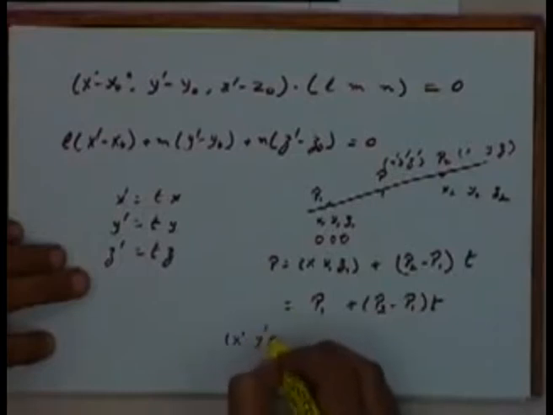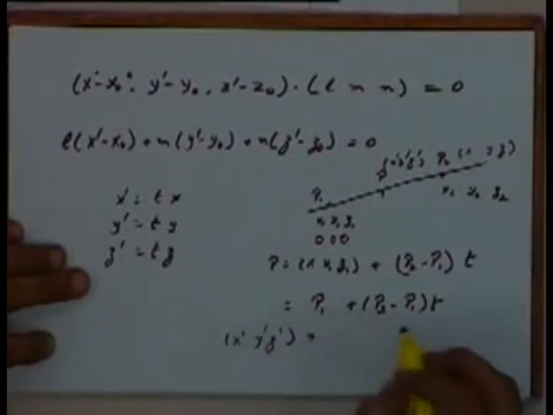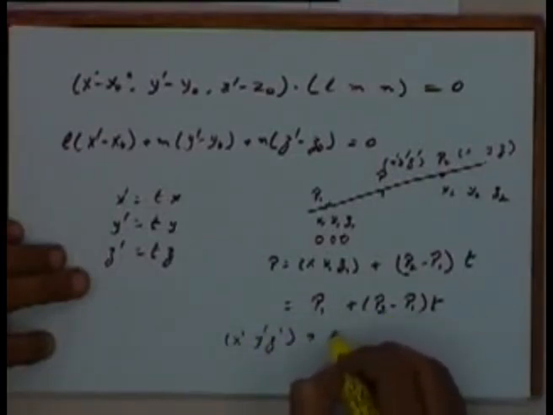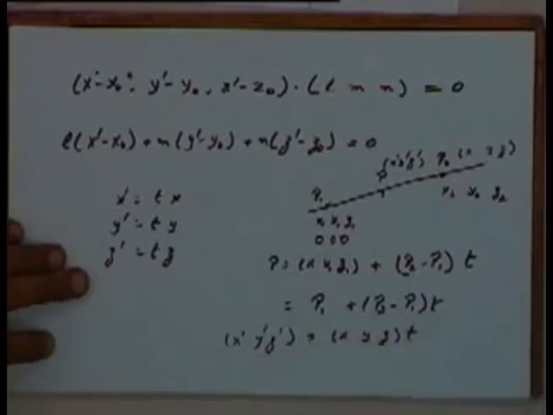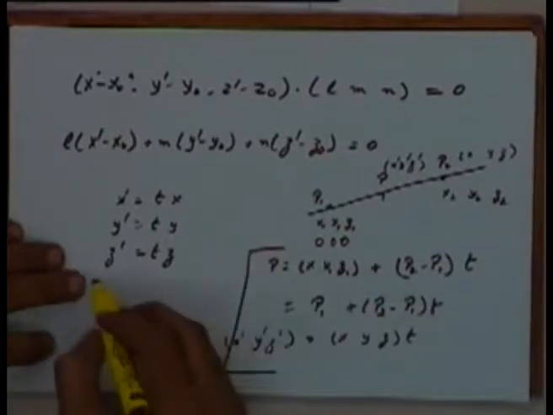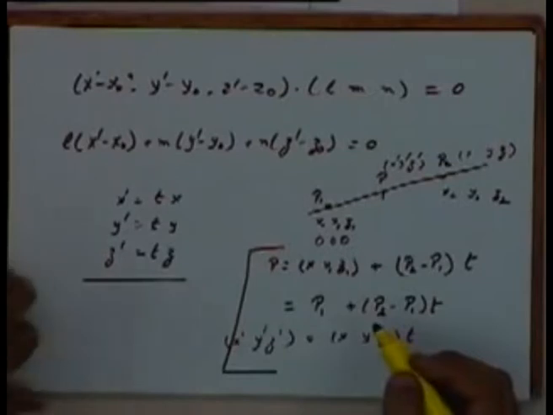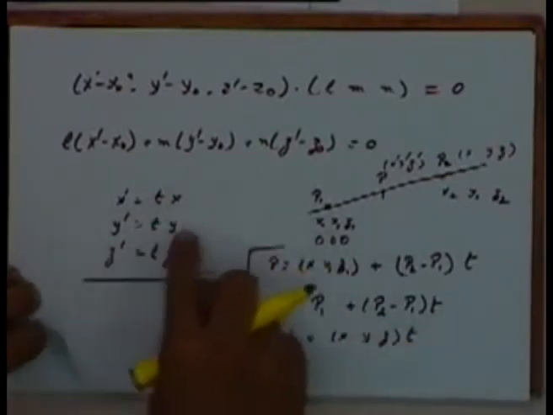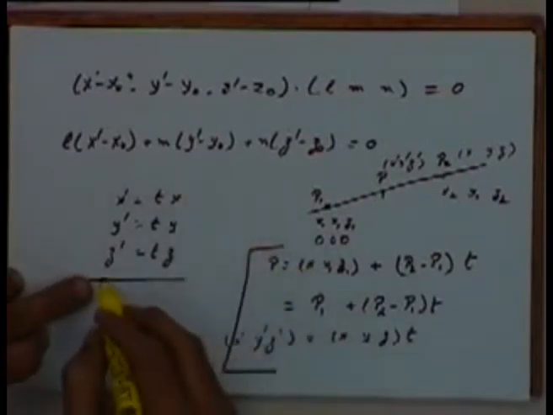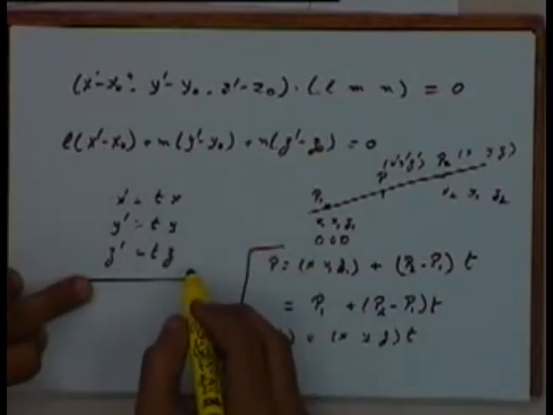So x prime, y prime, z prime, P1 is 0, so this will be equal to x, y, z times t. From this we will get these three relations. X prime will be equal to t times x, y prime will be equal to t times y, and z prime is equal to t times z.